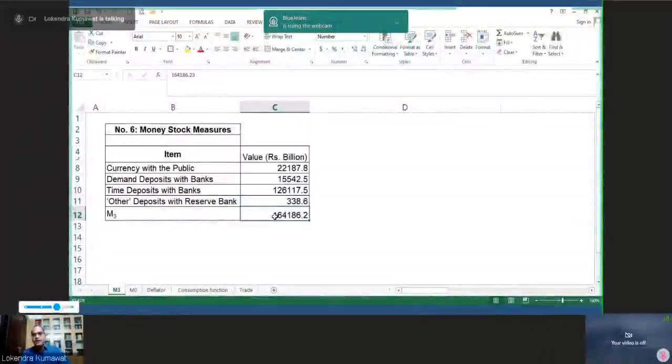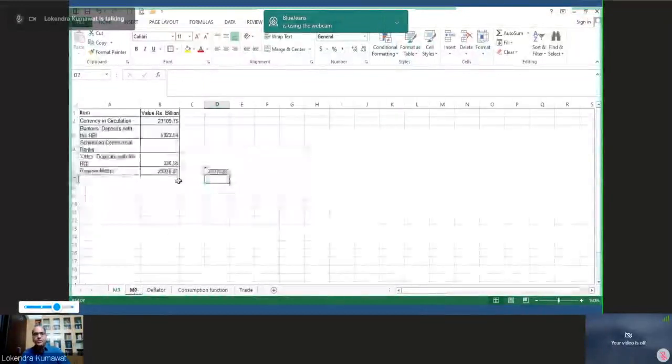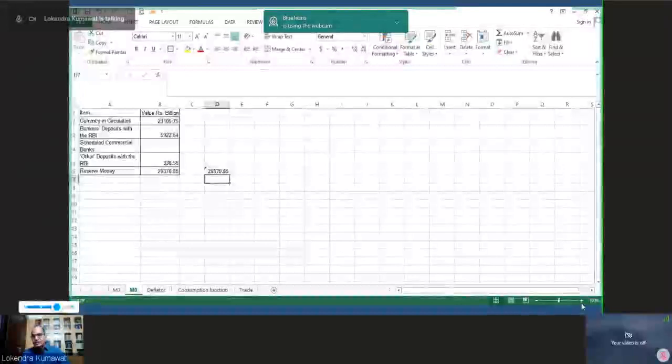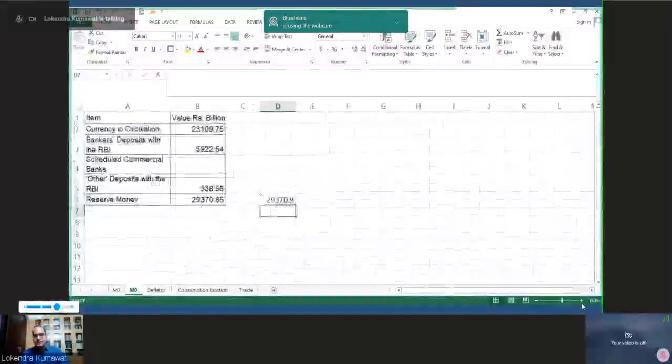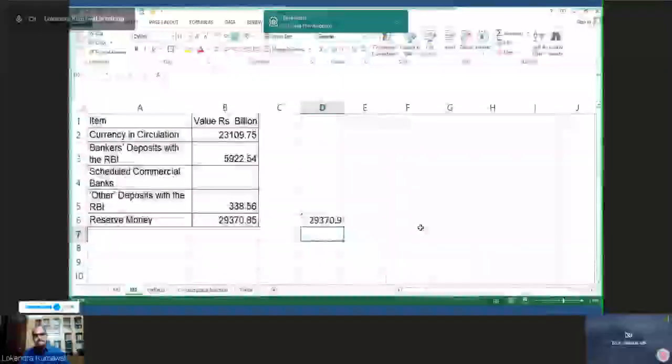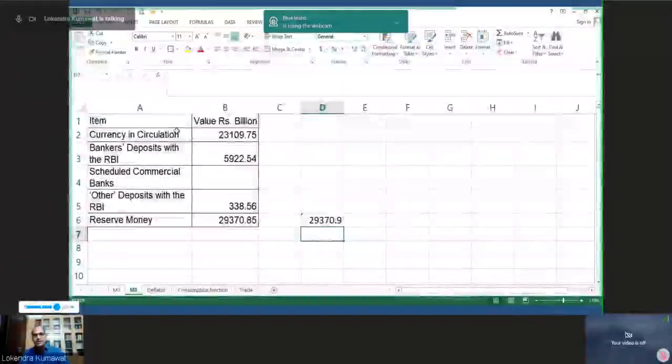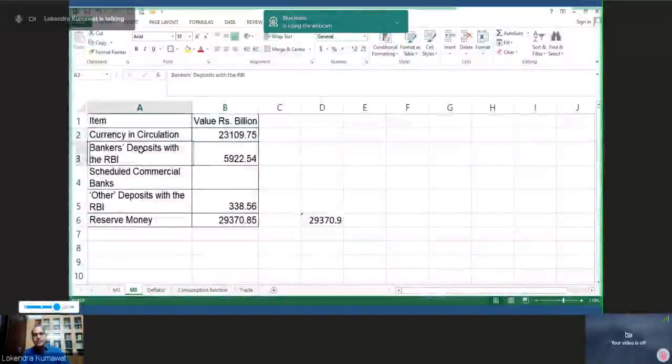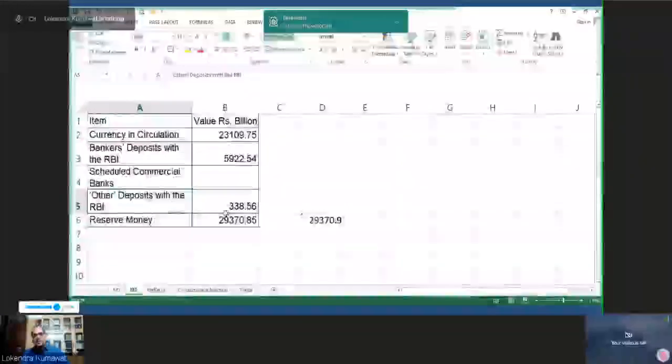Okay. Let's do an exercise for reserve money, M0. Again, these data I have taken for the same week from the RBI. Currency in circulation is this much. Bankers' deposits with the RBI, the reserves, is this much. Other deposits with the RBI is this much.